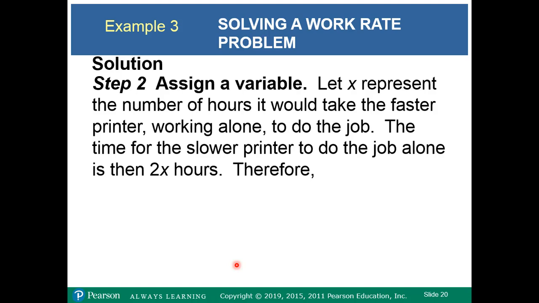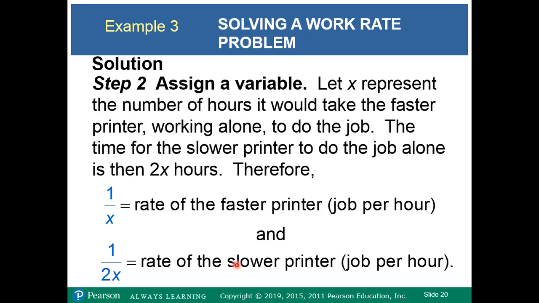If one printer is twice as fast, that means it's going to take half the time to do the same job, right? So the faster printer time is x, and the slower printer's time to do the same job would be 2 times x.